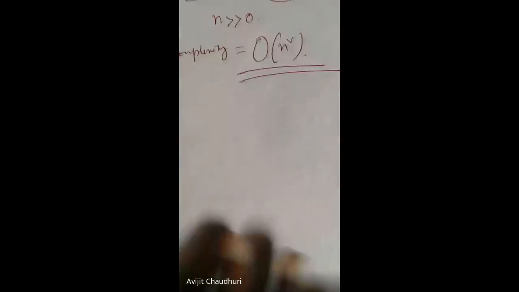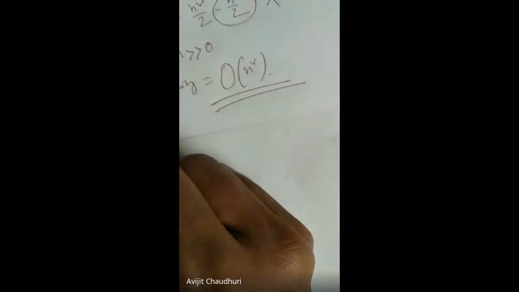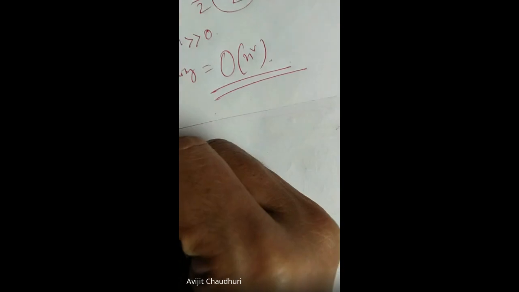Now, in case of insertion sort, this becomes very large. Sir, can you show that one for the first sum? Yes, once again, n minus one.